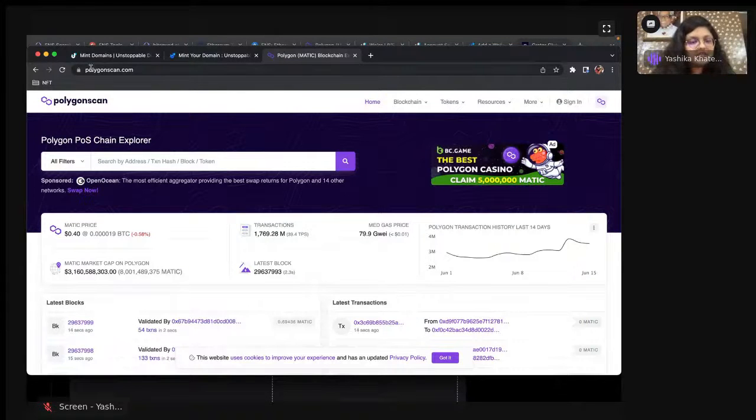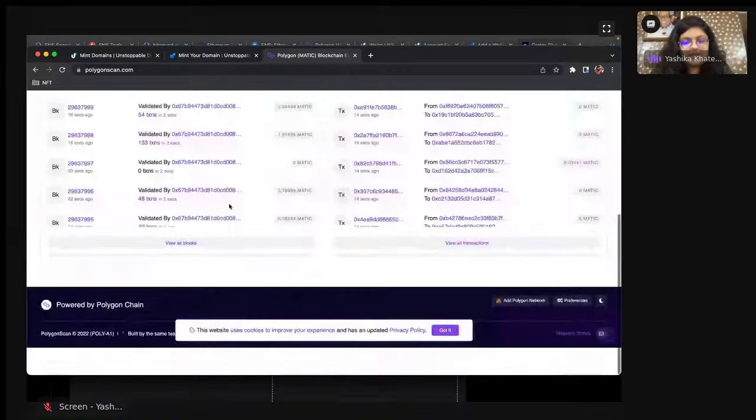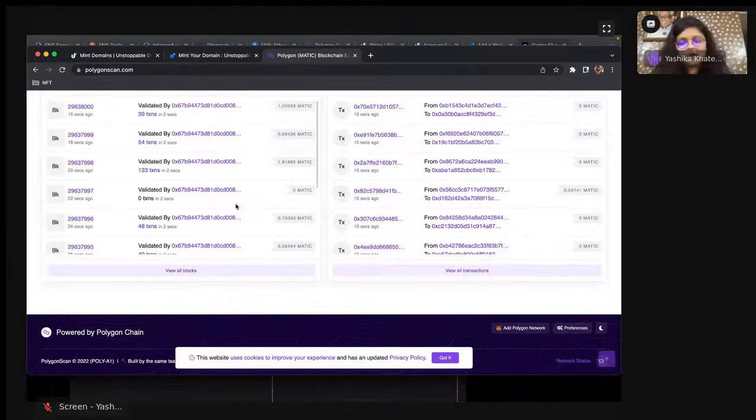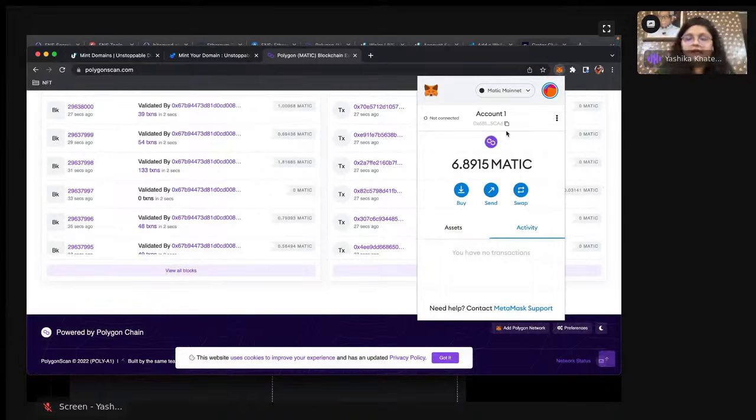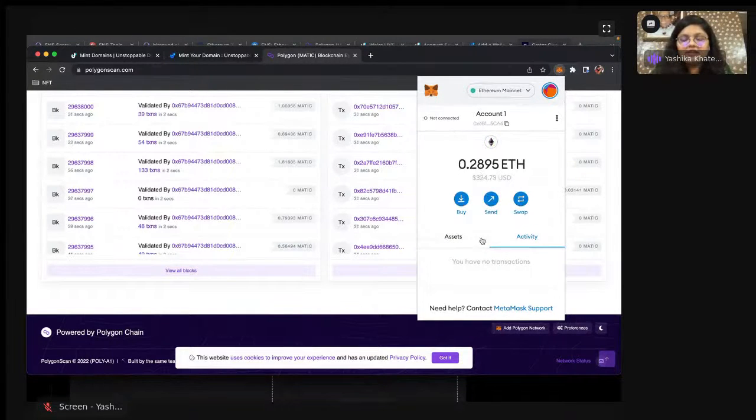You go on this website, polygonscan.com, swipe all the way down and come to Add Polygon Network. MetaMask usually has your Ethereum mainnet there, and right now it is on Matic mainnet, but usually it will show whatever Ethereum or Ethereum-related tokens you have.